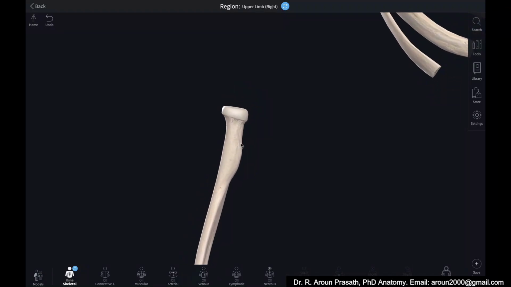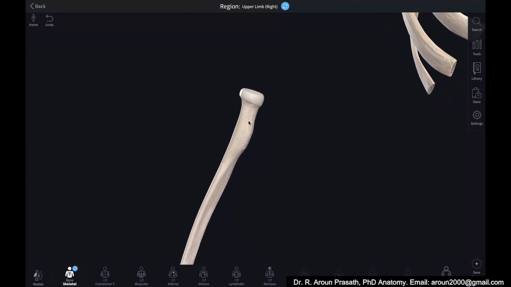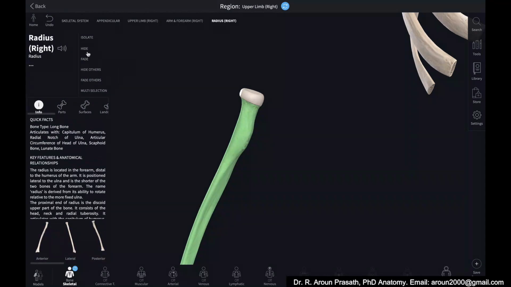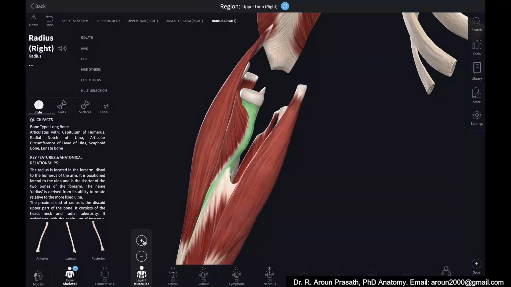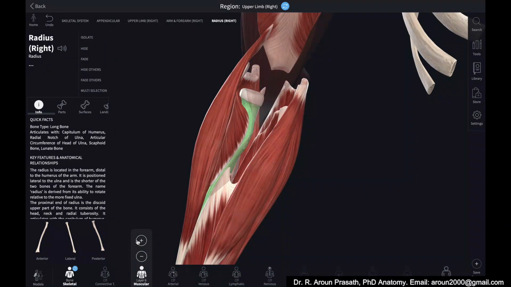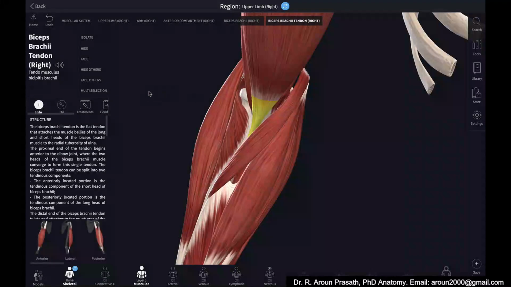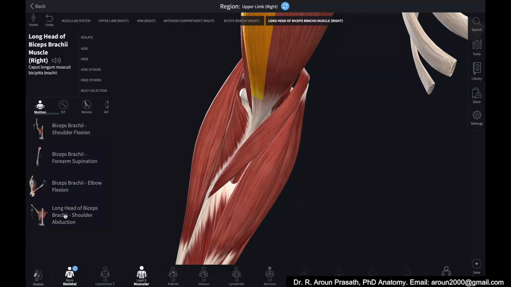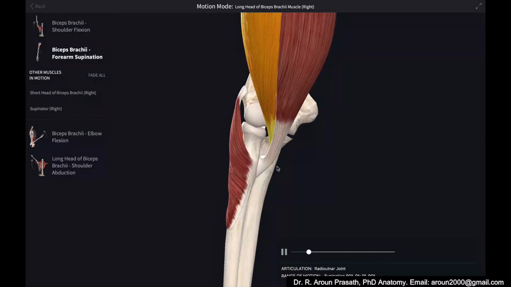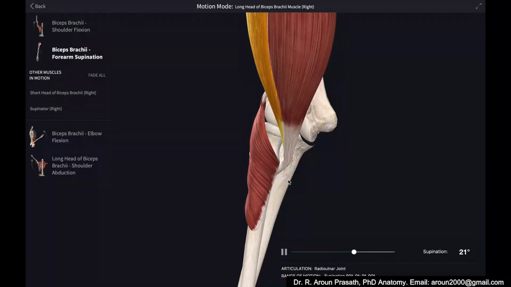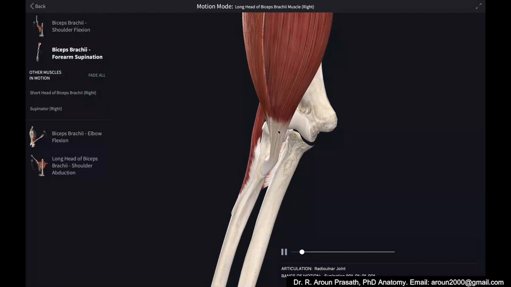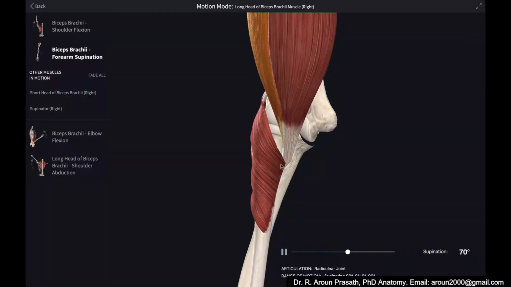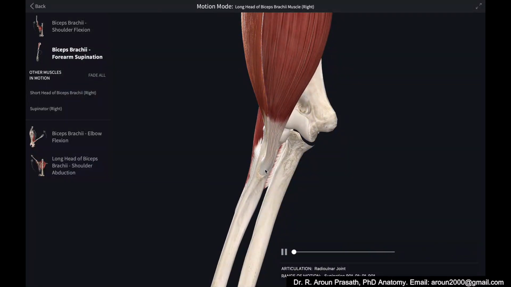This neck of the radius is continuing as the radial tuberosity. To this radial tuberosity, the biceps muscle is attached. When this muscle contracts, the biceps tendon pulls the radial tuberosity so that it is supinating.